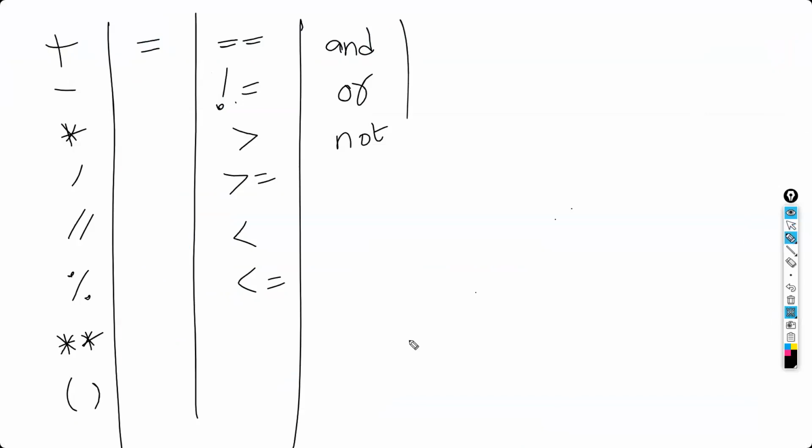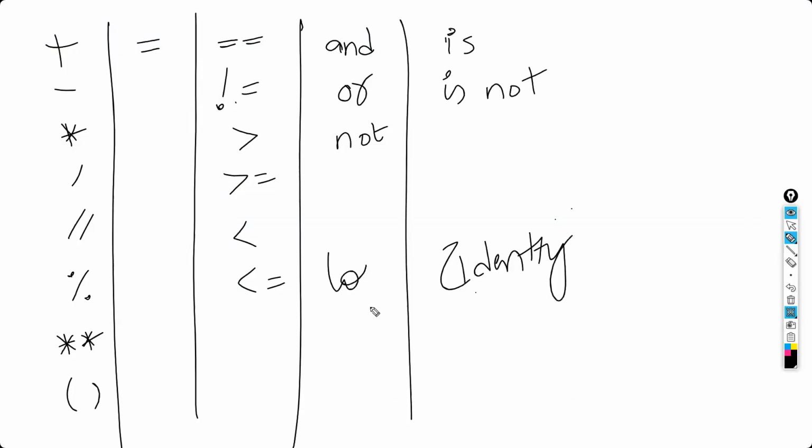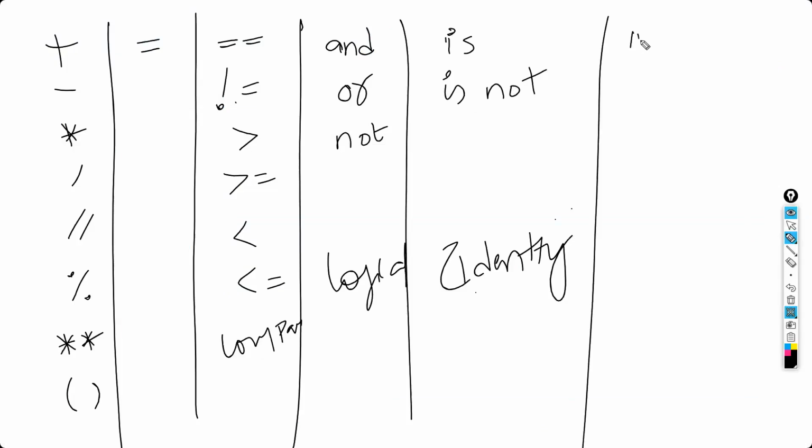Next, coming to the next one called identity operators: is, is not. These both are called identity operators. This is called logical. This is called comparison. And the next one is in, not in, which is called membership.